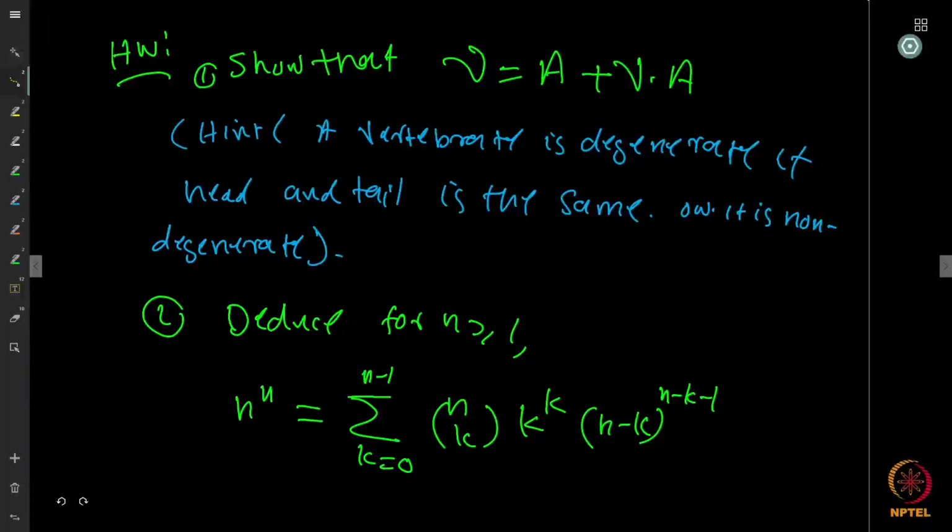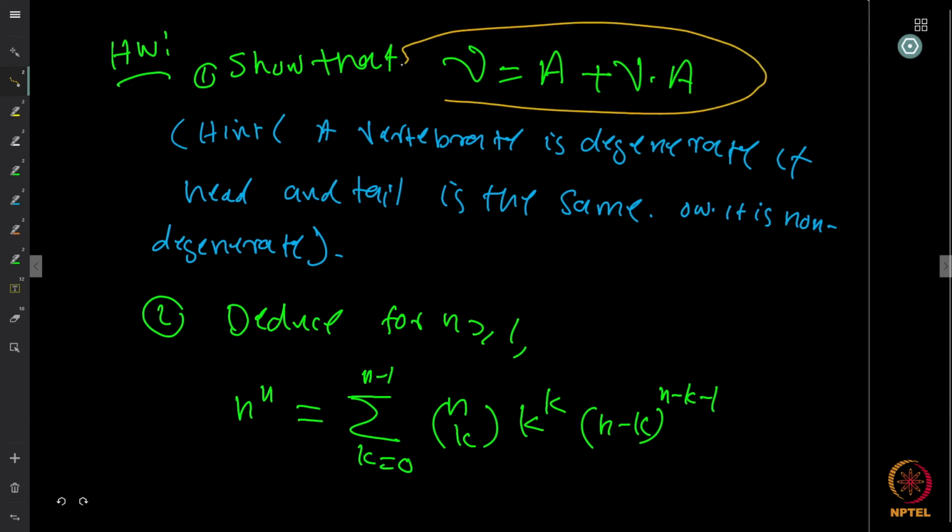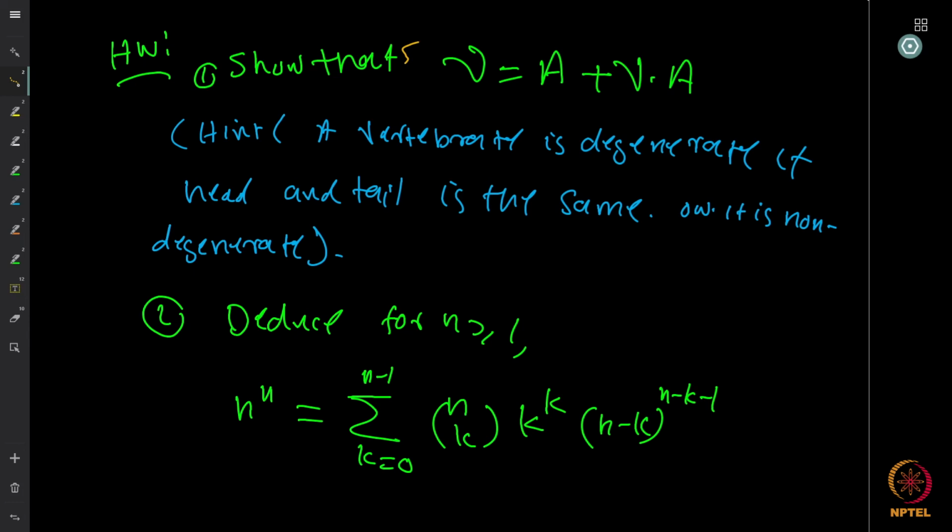We wind up with a couple of homework questions. The first is to show that the vertebrate species can also be thought of as the species A of rooted trees plus V dot A. To prove this, I give a hint: a vertebrate is said to be degenerate if the head and tail are the same, otherwise it is non-degenerate.